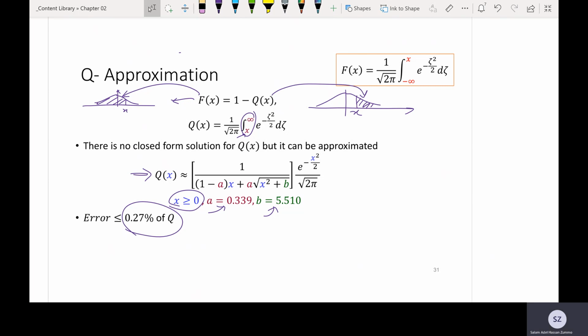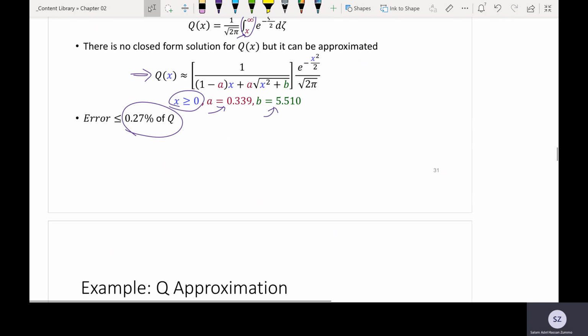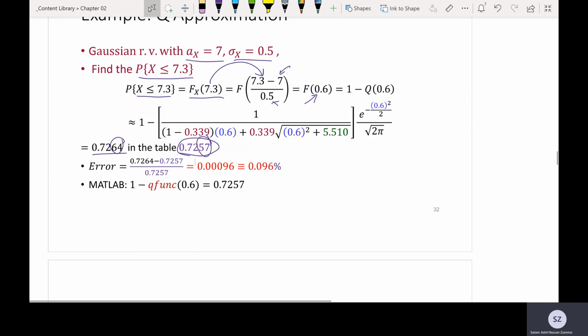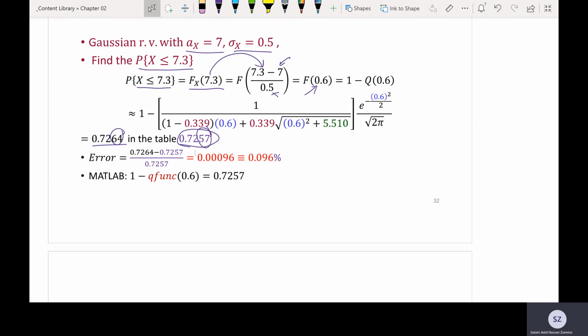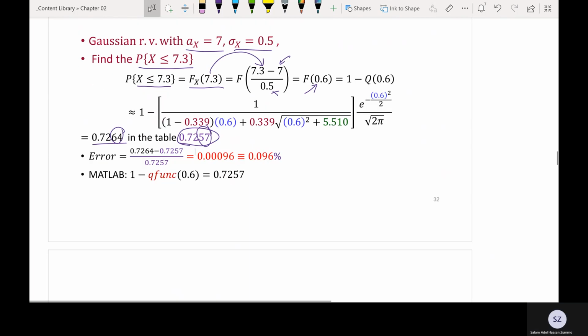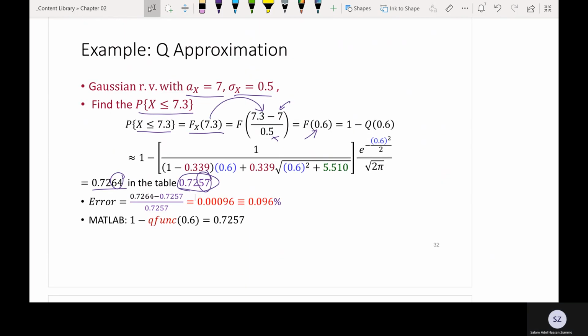The error becomes larger than that. So it's not exact, it's an approximation at the end, but it's good enough. Any questions now? Send me your attendance please.